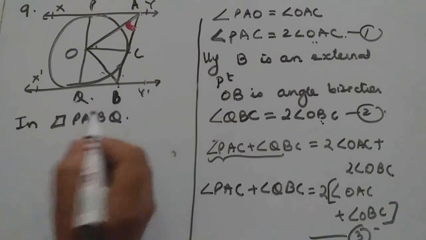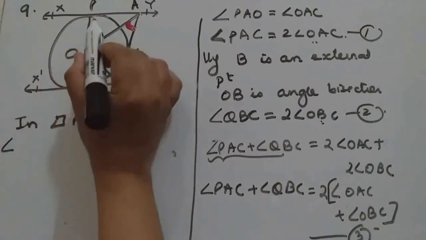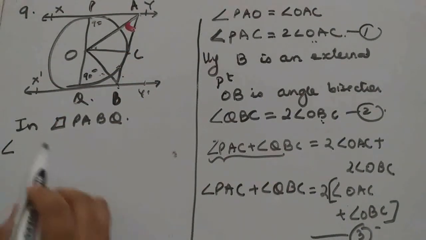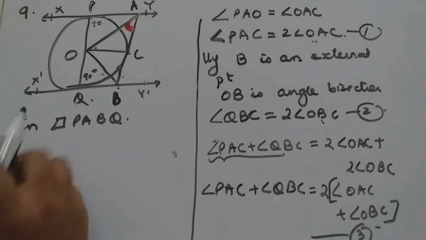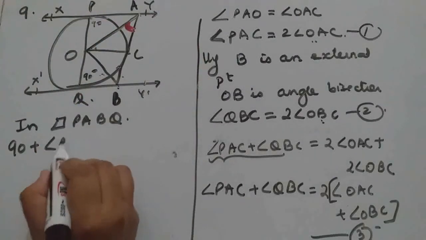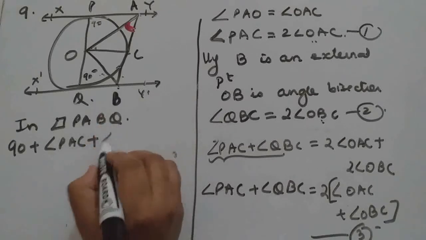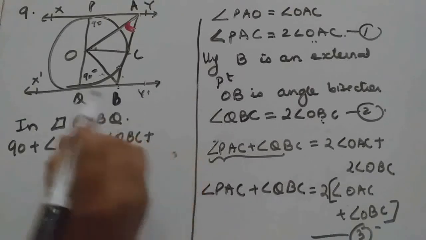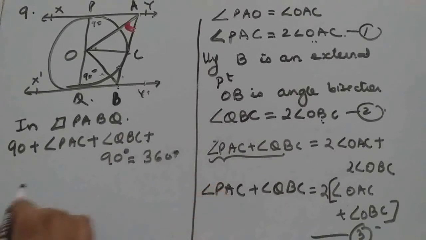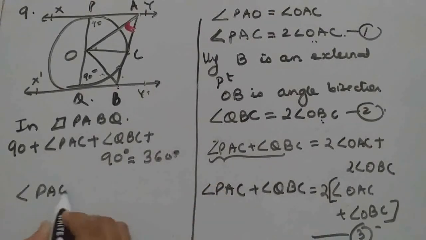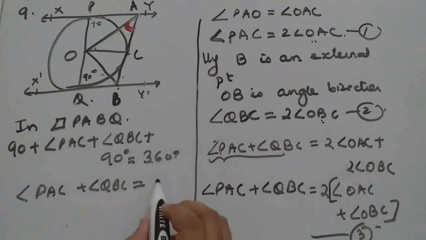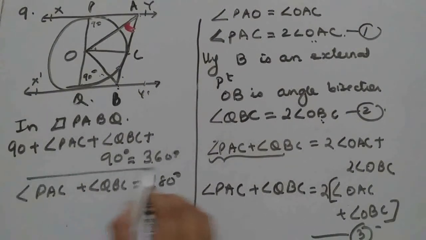Now see, in quadrilateral PABQ, this angle is 90, isn't it? This angle is also 90. So what can we write? By the angle sum property of a quadrilateral, 90 plus angle PAC plus angle QBC plus this angle 90 equals 360, isn't it? So PAC plus QBC will be 360 minus 180, that is 180.